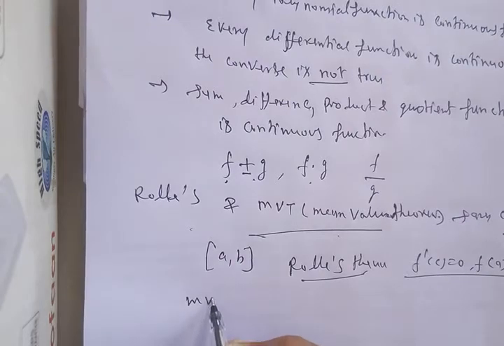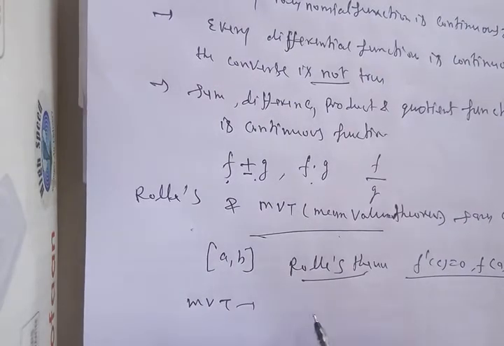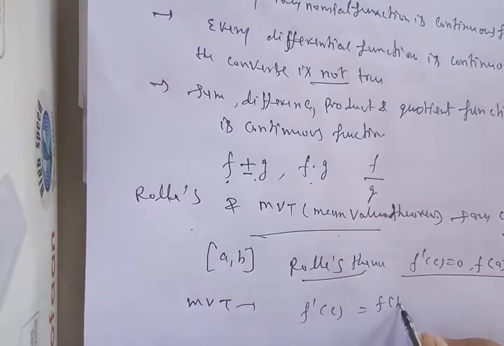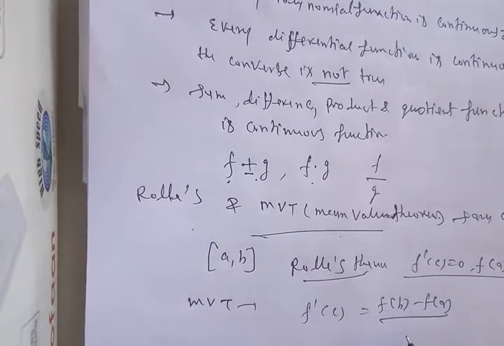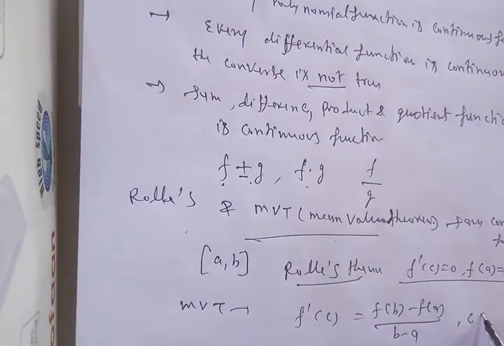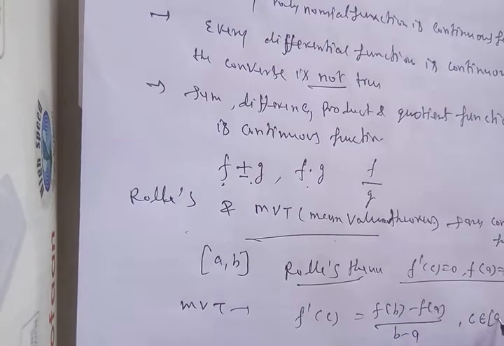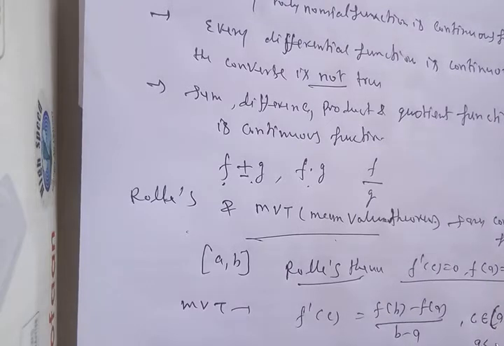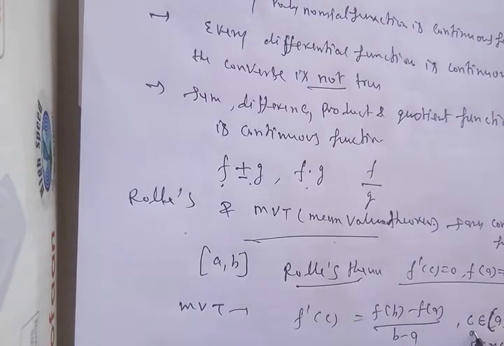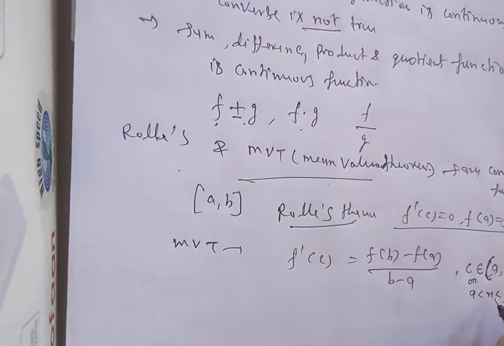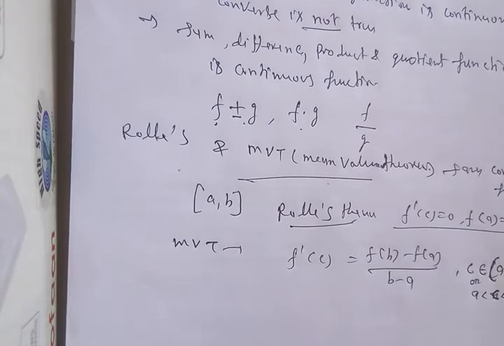And MVT, the mean value theorem, states that f dash of c is equal to (f(b) minus f(a)) upon (b minus a), where c belongs to the open interval a comma b, that is, a is less than c is less than b.